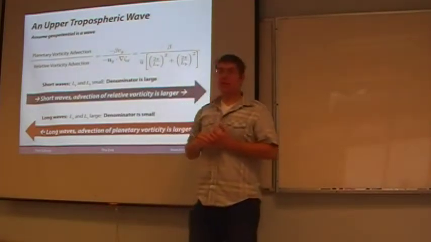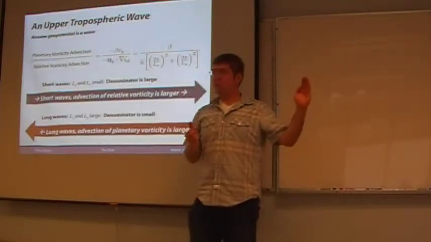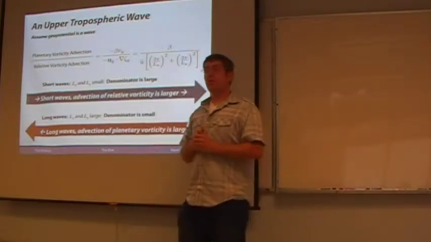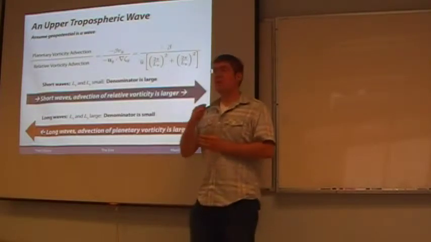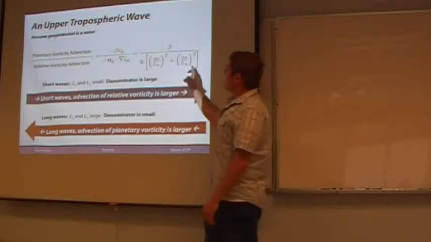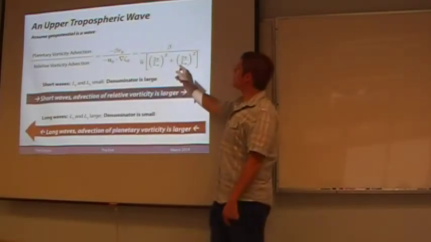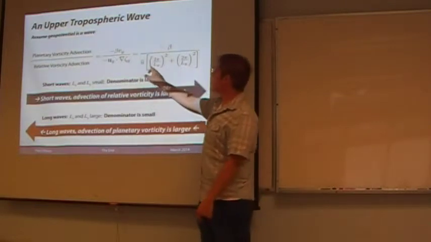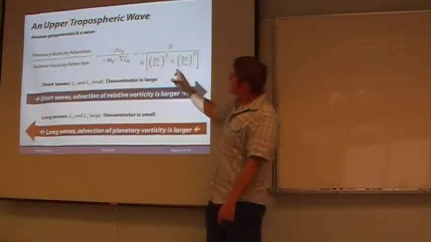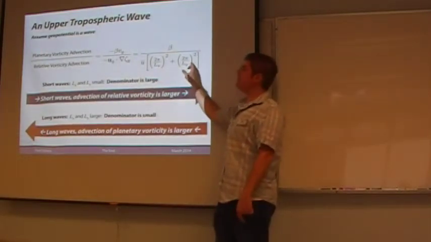For waves in which planetary vorticity was dominant, you would get westward propagation of the wave. For waves in which relative vorticity advection was dominant, you would get eastward propagation of the wave. So taking the ratio, one found that the relative strength of these two terms was then determined by beta divided by u bar times k squared plus l squared, here given in terms of wavelengths Lx and Ly.